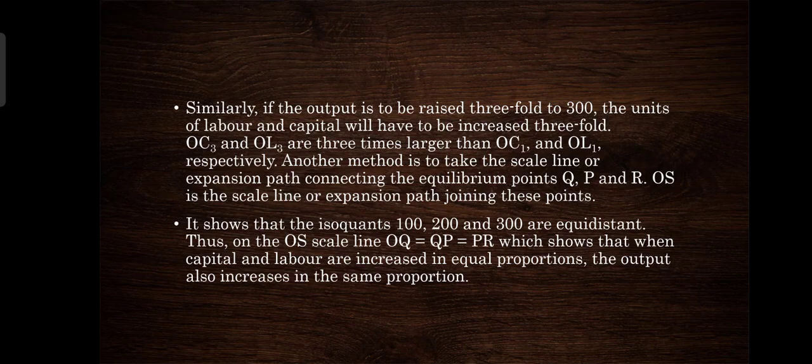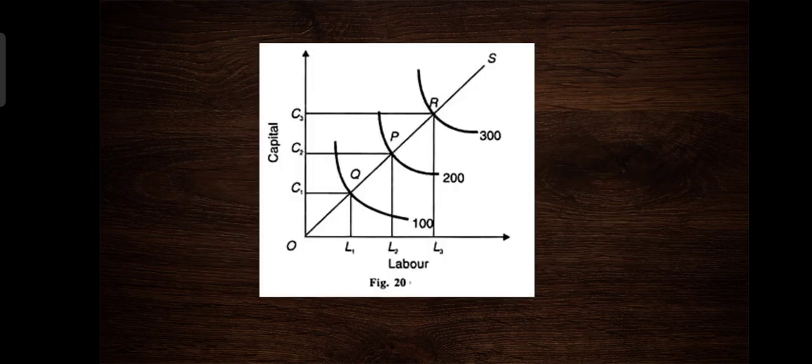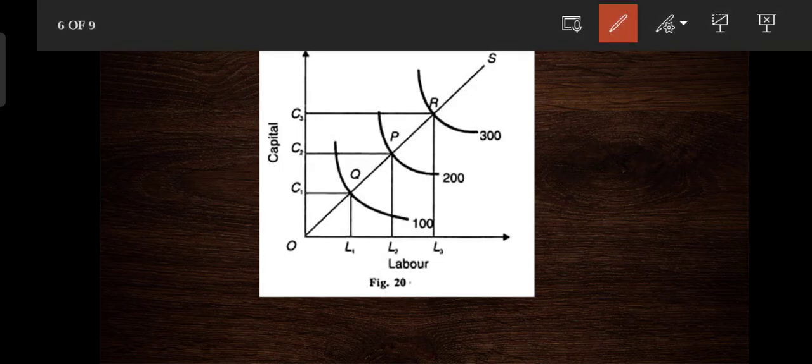So, another method is to see the expansion path or the scale line. Here we can see that this OS represents the scale line or the expansion path. They are moving through the equilibrium points Q, P and R. And here we can see that OQ is equal to QP is equal to PR, which represents the equidistance of isoquants 100, 200 and 300.